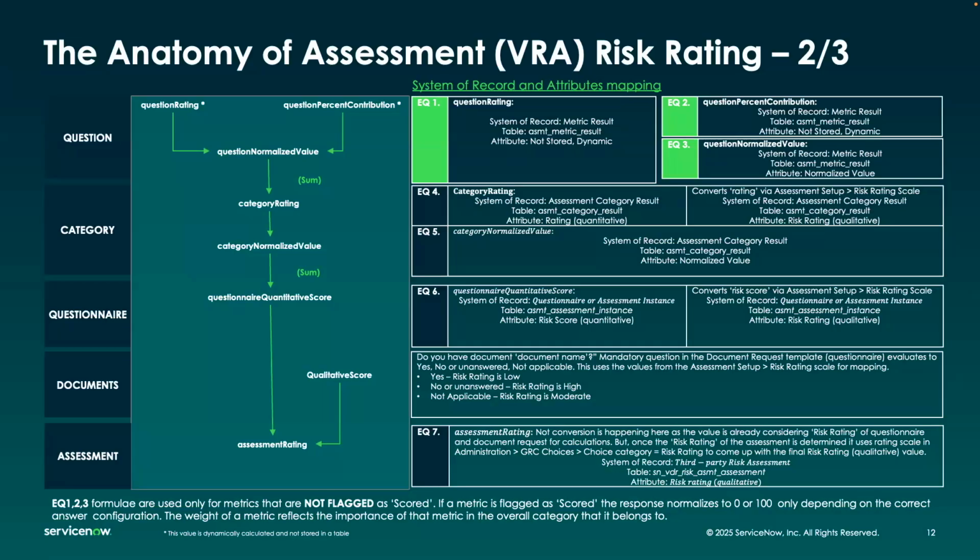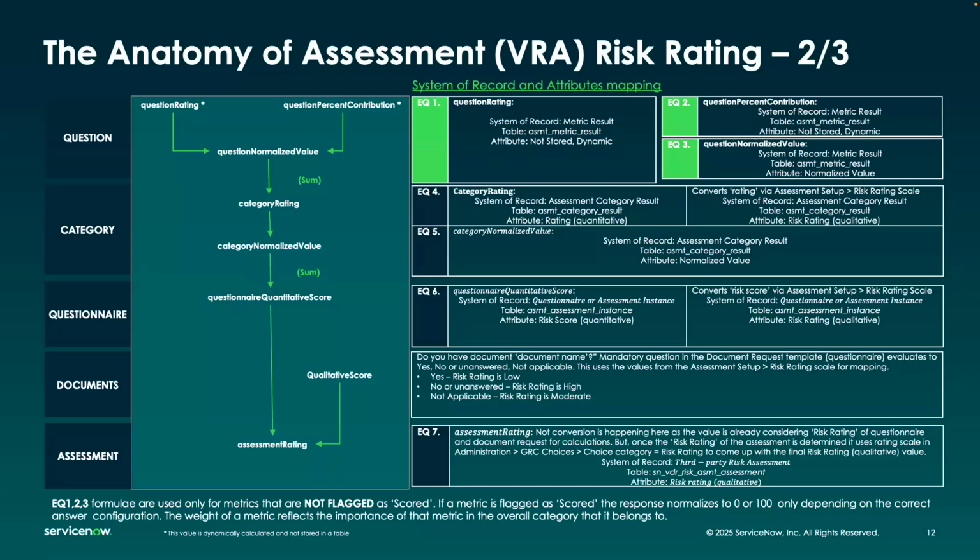This is different from the risk rating scale that questionnaire and category use for deriving risk rating. The logical answer to this difference is that the previously discussed risk rating scale facilitates conversion from scores to risk rating, but the one that assessment uses for deriving risk rating is not based on scores, but actually just a mapping to risk rating values post the weighted average of questionnaire and document request as discussed in the previous slide.